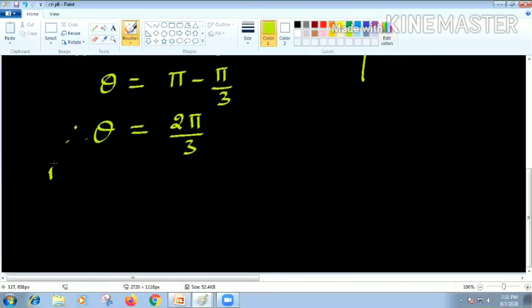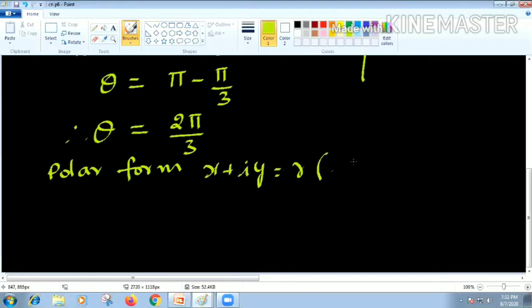Now the polar form is nothing but x plus iy is equal to r into cos theta plus i sin theta.